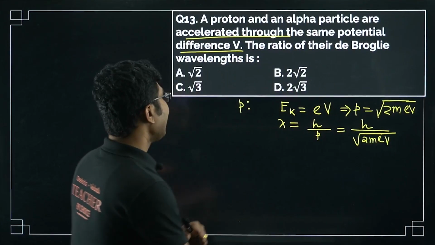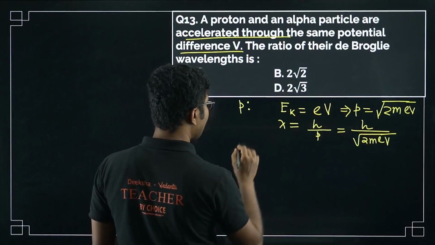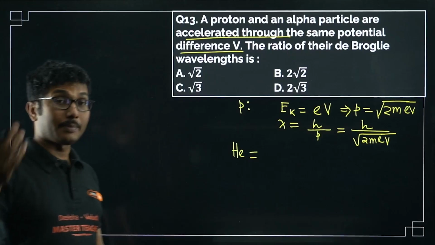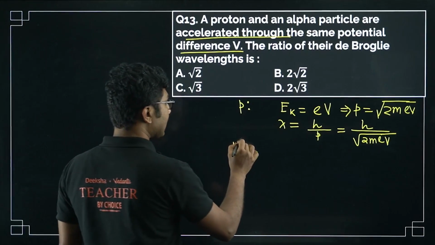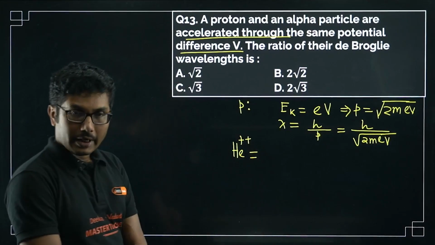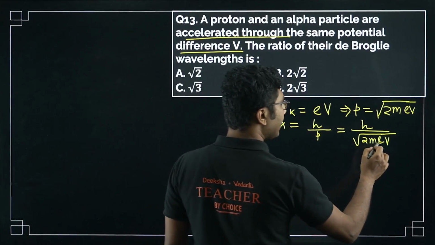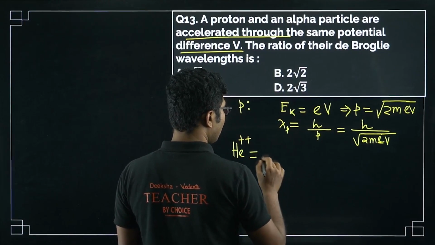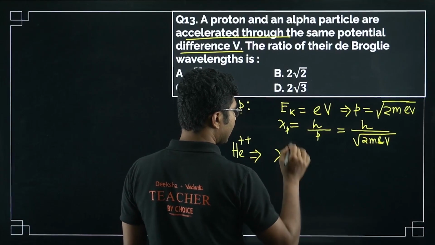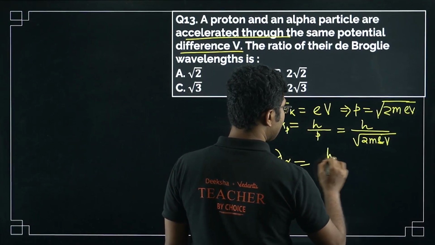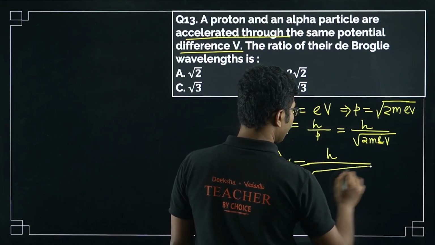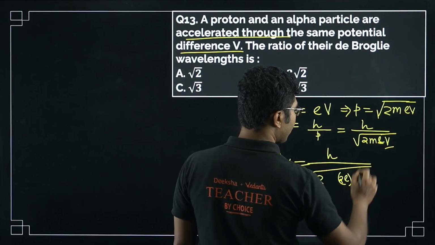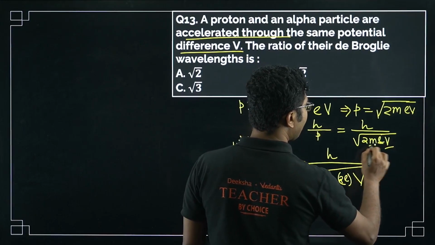Now we can directly use this formula for helium as well. The only thing you have to remember is the charge of helium, or the alpha particle. An alpha particle is basically helium with +2 charge. So for the alpha particle, the charge is 2e. We use the same formula with charge 2e and potential difference V. Now what is the mass?